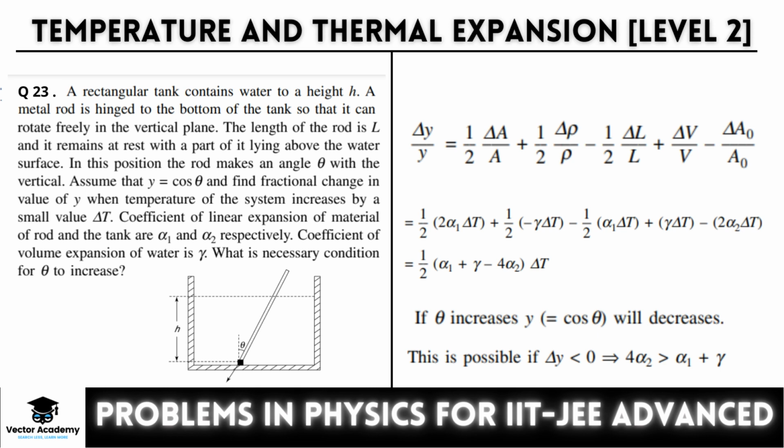This is possible if delta y less than 0, which implies 4 alpha 2 greater than alpha 1 plus gamma.